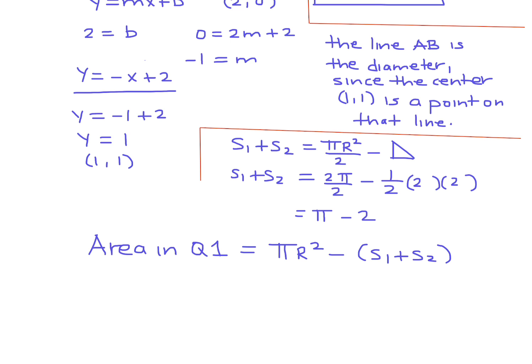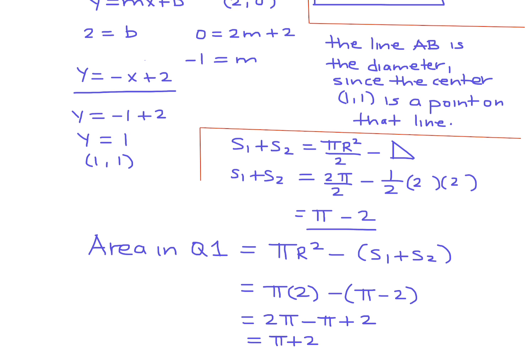Makes sense? Pi r squared, again, root 2 was our radius, so root 2 squared is just 2. And S1 plus S2 we just figured out was pi minus 2 in brackets. So this becomes 2 pi minus pi plus 2, and that is pi plus 2. So that is the answer to this question, 4B.